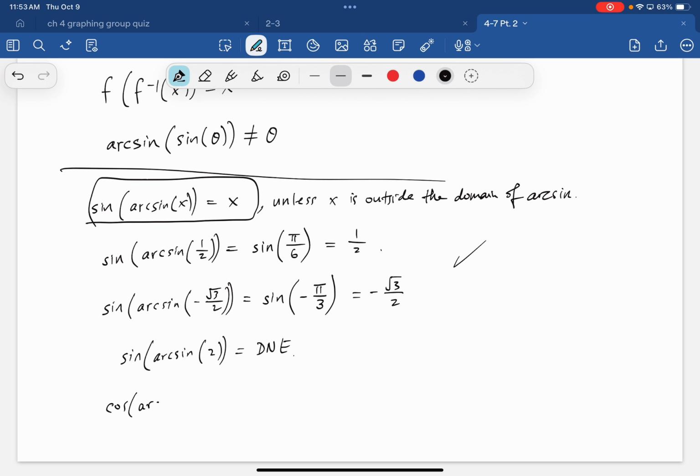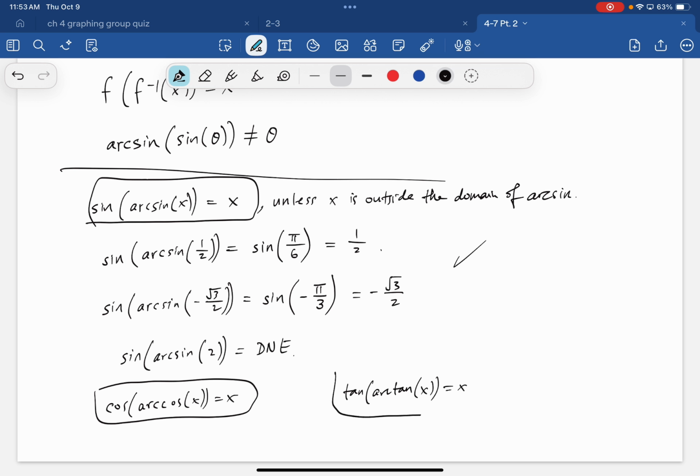Cosine of arccosine of x is also equal to x, unless it's outside the domain. And then tangent of arctan of x is equal to x. That one always works, because the domain of arctangent is minus infinity to infinity, all real numbers. So no problems with it.